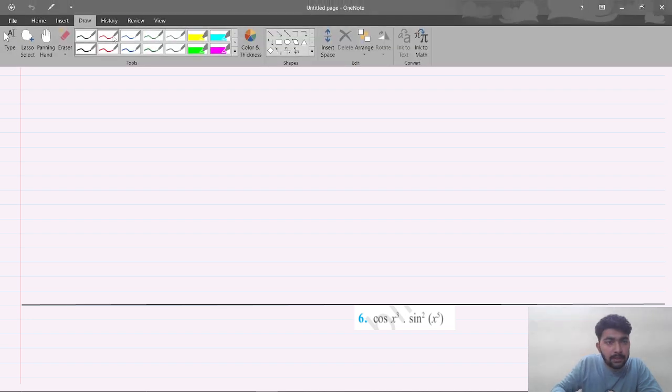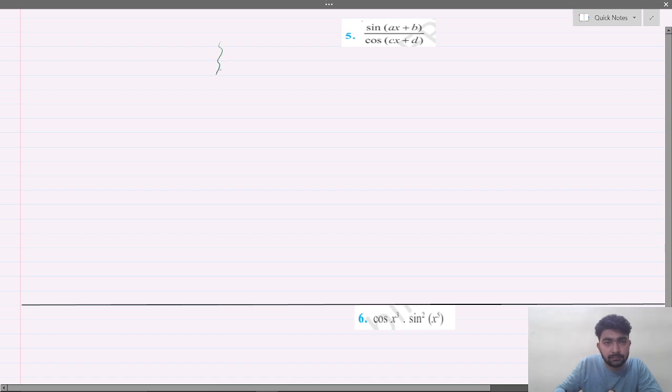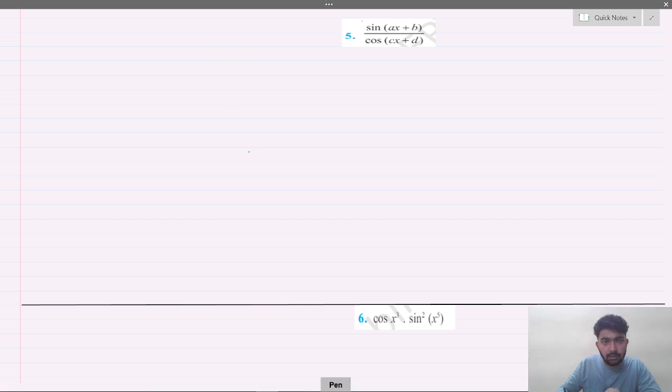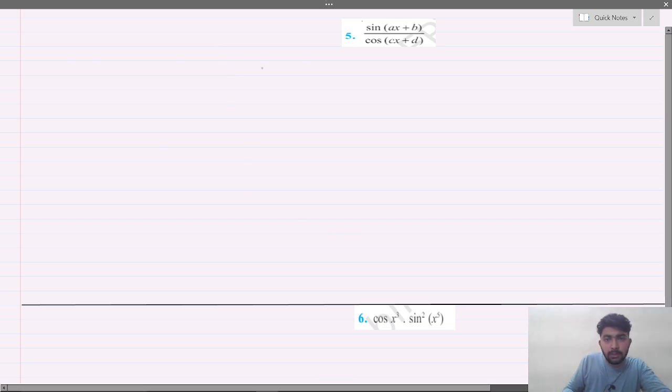Our method, here we will write in green. Here you can see that this is your function f(x), the numerator function, and the denominator function is g(x), and you can assume this is h(x).